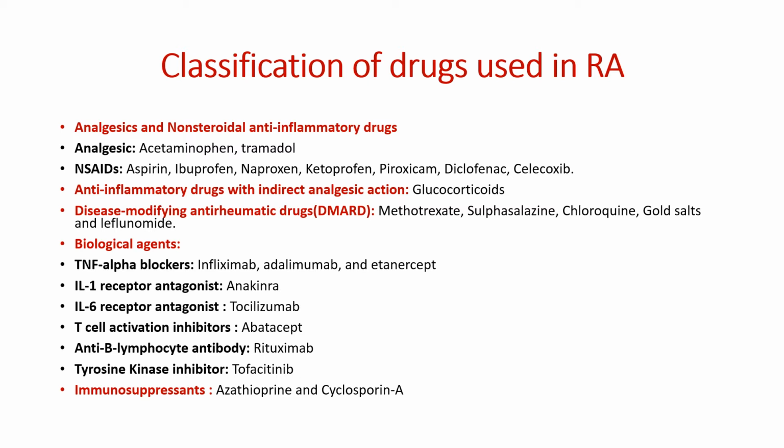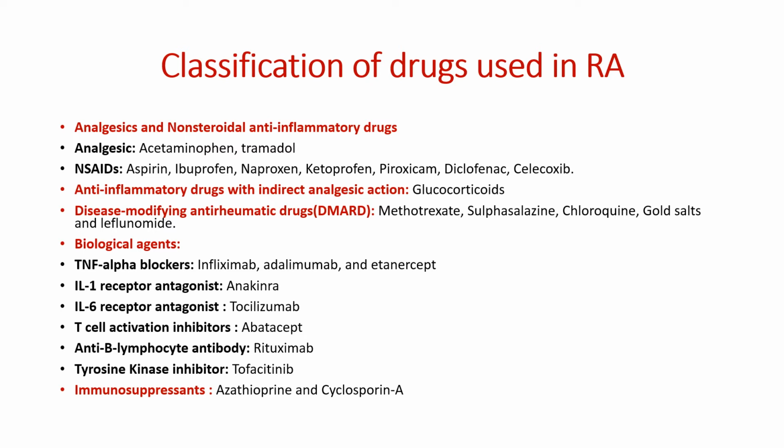Folic acid supplement at a dose of 1.2 milligram daily may reduce its toxicity when it is given along with methotrexate. Our other agents are biological agents. These include TNF alpha blockers, interleukin-1 receptor antagonist, interleukin-6 receptor antagonist, T cell activation inhibitors, anti-B lymphocyte antibodies, and tyrosine kinase inhibitor.